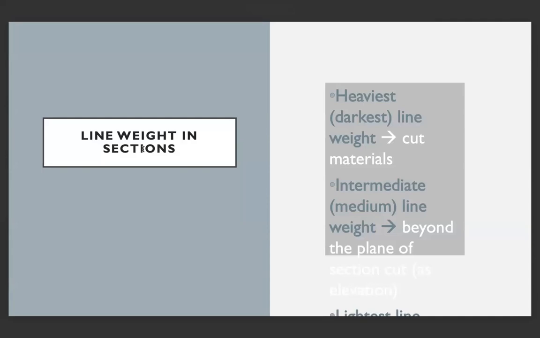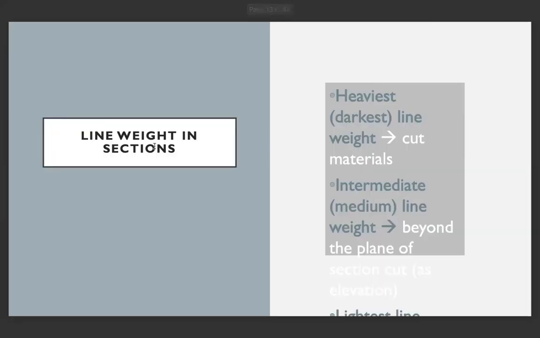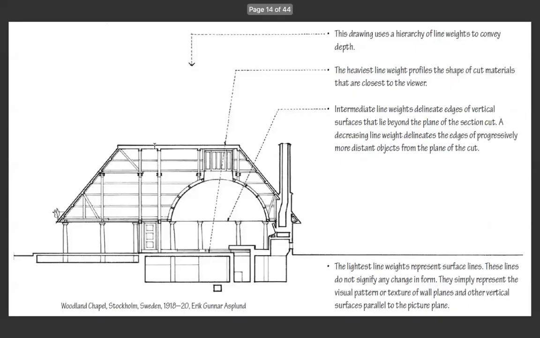Line weighting sections. Actually, the line weighting in sections works in the same way the line weight works in plans, because a plan is a horizontal section, as we have talked about in previous lectures. So that means the closer the surface, the thicker the line will be.